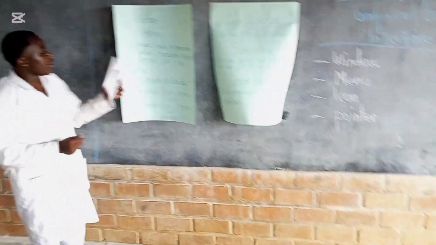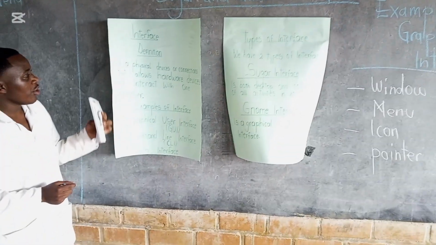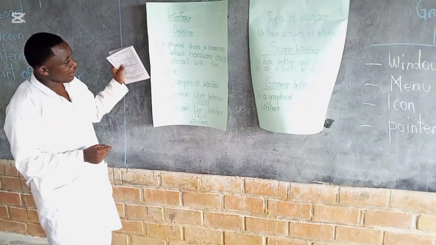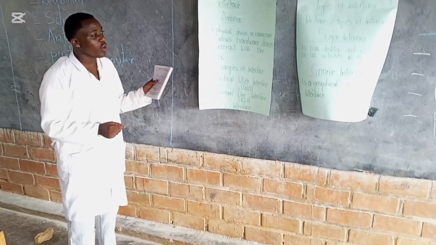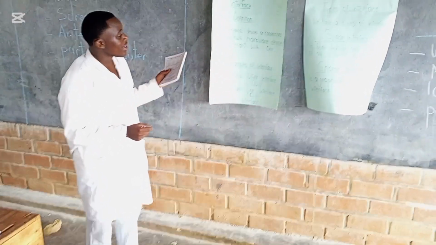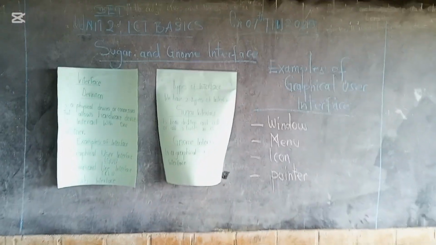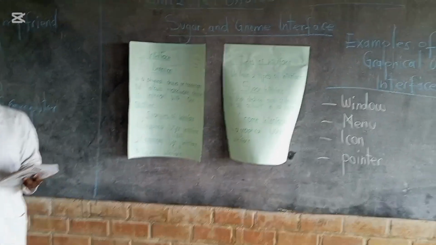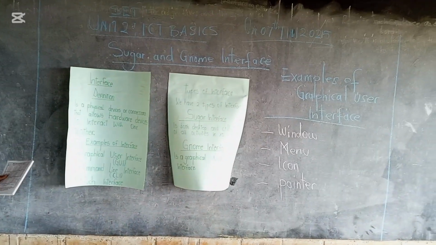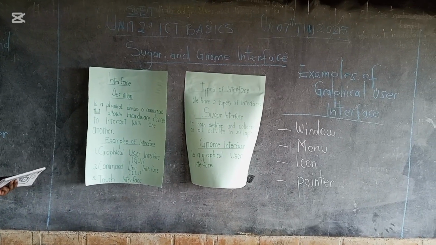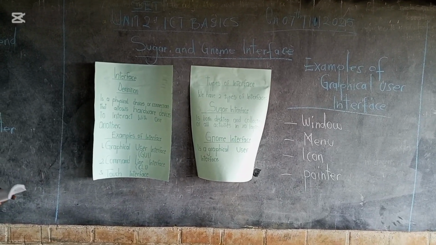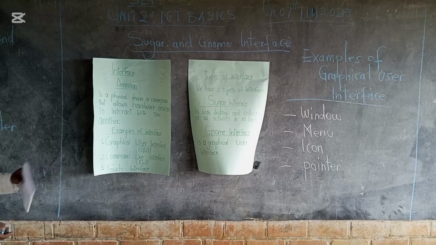Here we have the definition of interface. It is a physical device or connection that allows hardware devices to interact with one another in order to get more information about something you want.